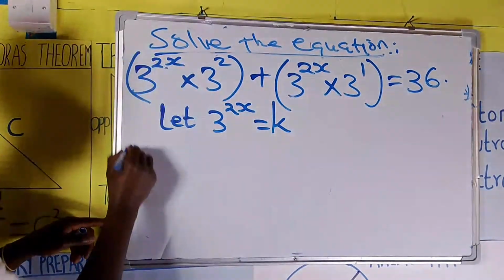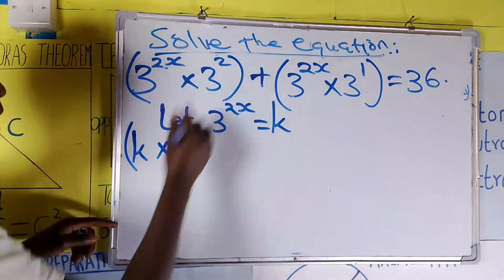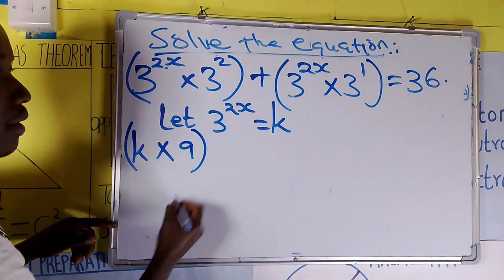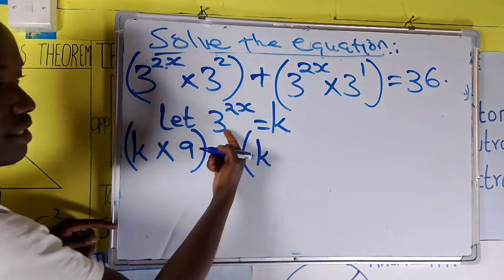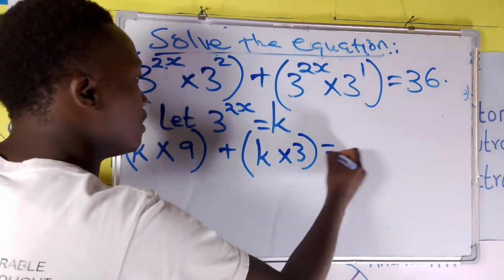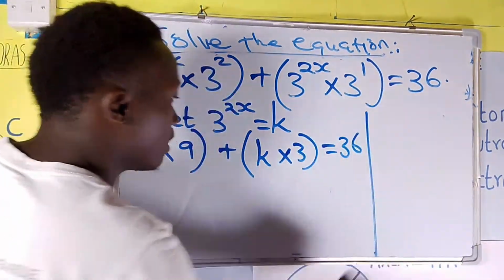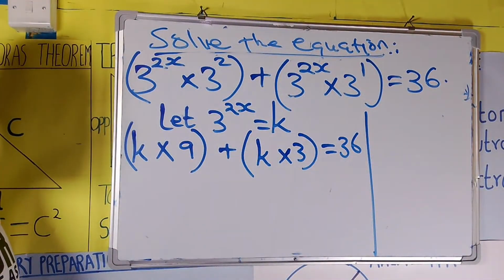So tukuje hapa ikue k times 3 squared ni 9 plus k, remember k is 3 to power 2x, times 3 to power 1 is 3, is equals to 36.